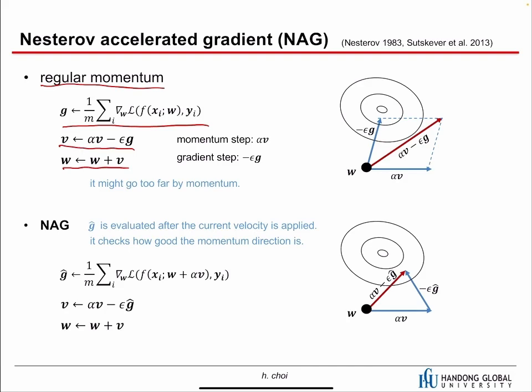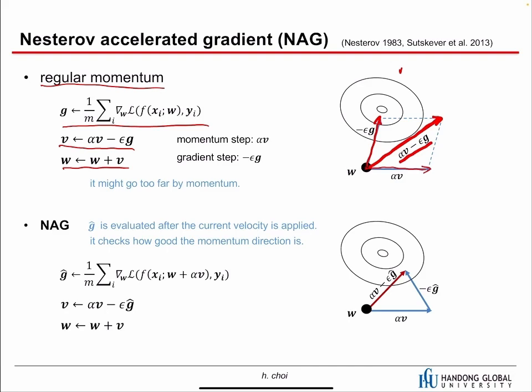But in this specific extreme example, W is here, and this one is the gradient direction, but there is a momentum here. Then W will go to this place because we are using this to update, right?